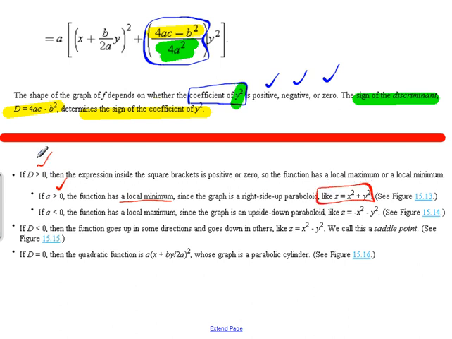And if d is greater than 0 but a is less than 0, looking at this a term, then the function is going to have a local max because the graph will be an upside down paraboloid. If d is less than 0, it's going to be a saddle, so it's neither. And if d equals 0, then the quadratic is a parabolic cylinder.